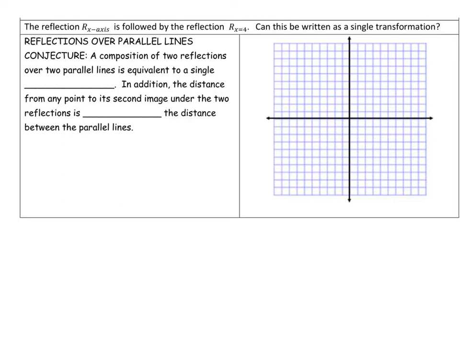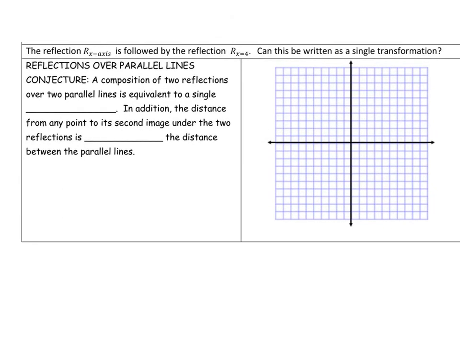Okay, there's a little bit of a typo on here. On this one right here, it says the reflection over the x-axis is followed by a reflection of the line. It should say r and then y equals 4.